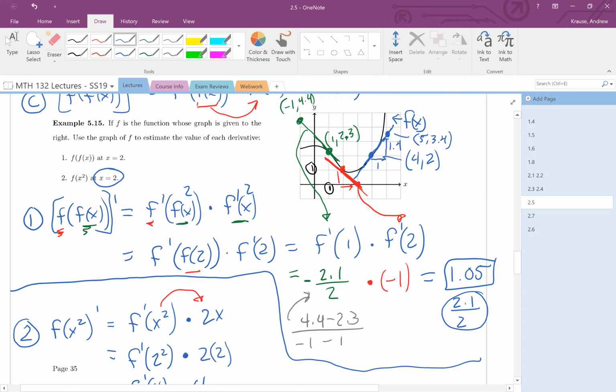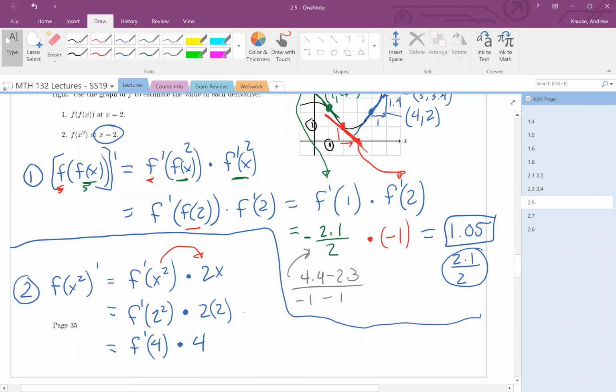And so my slope there is 1.4. Multiplying that by 4, that gives us 5.6 would be our slope. 5.6 would be our slope for that one.